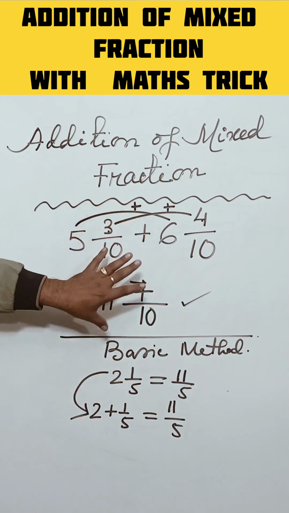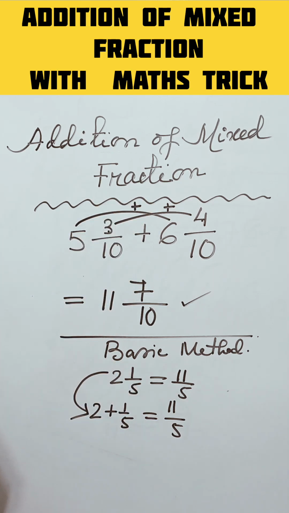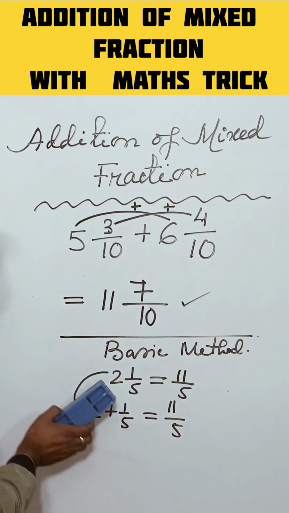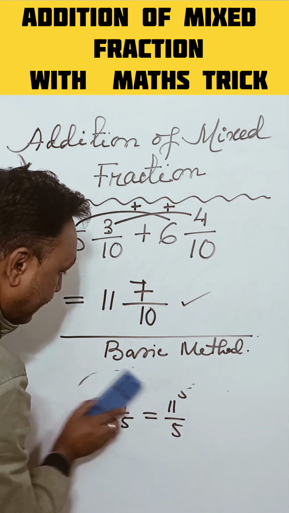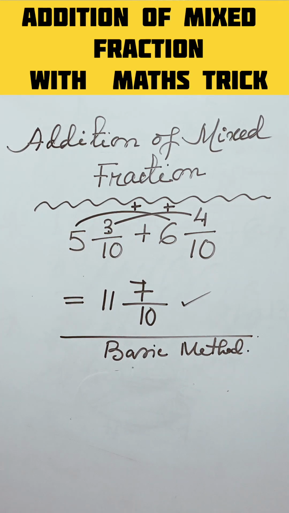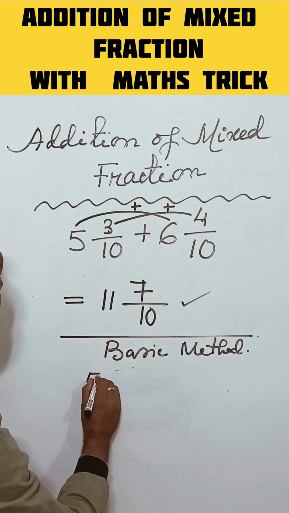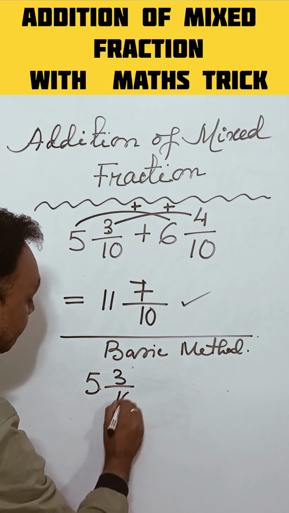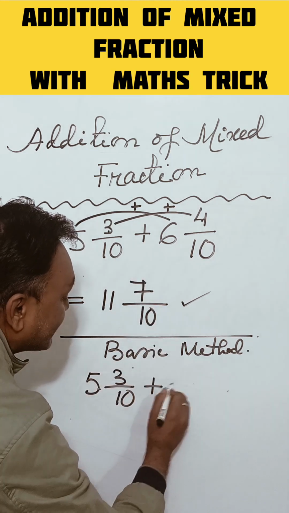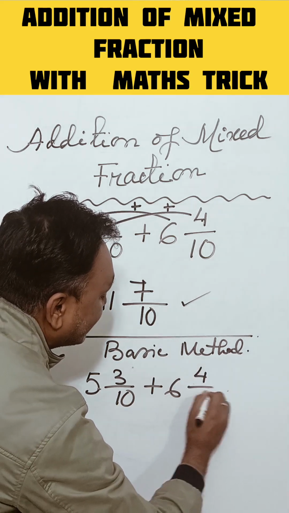Now I am going to solve this one by the basic method. I will solve it. Now check this one. 5 3/10 plus 6 4/10.